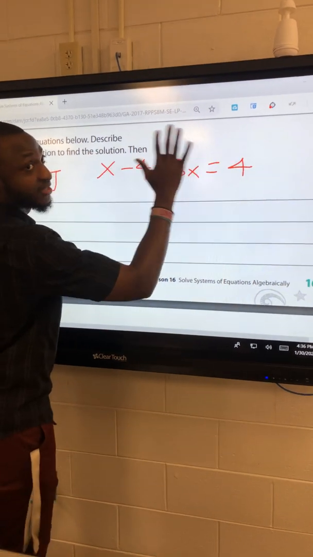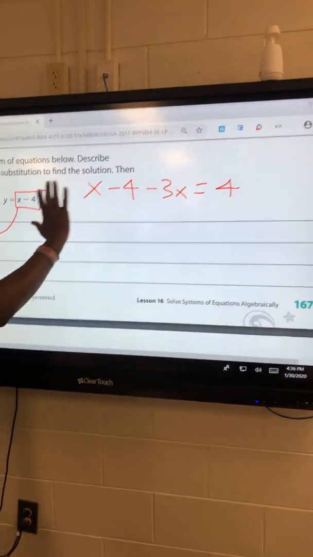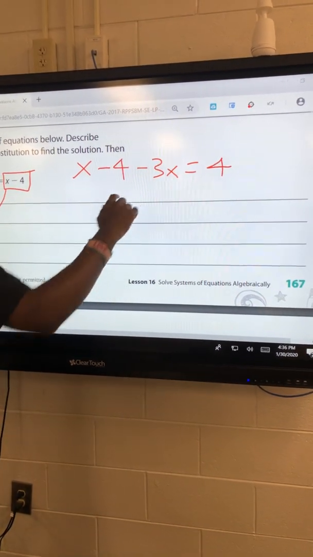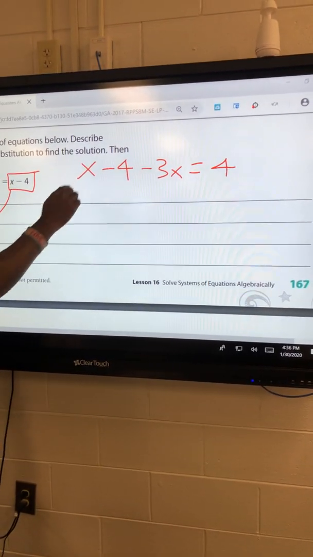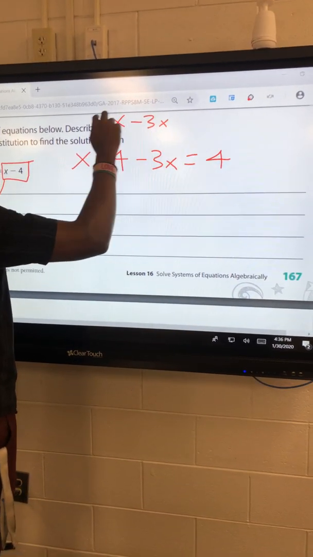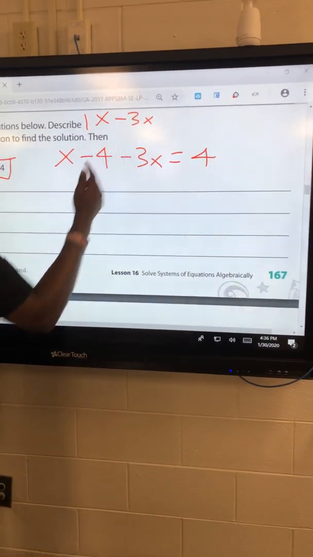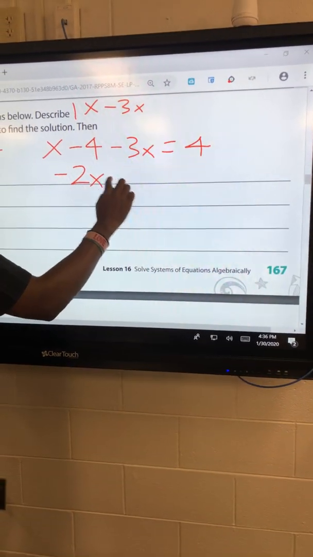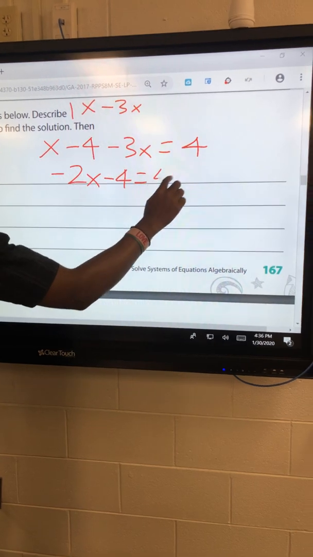They're on the same side of the equation. When they're on the same side of the equation, you're combining. If they're on opposite sides of the equal sign, you're getting rid of one of them. So x minus 3x is like saying 1 minus 3, which is negative 2. So I have negative 2x. I'm going to bring down my minus 4 equals 4.